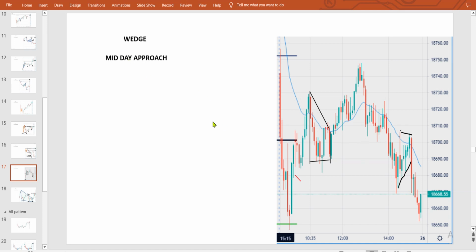The midday approach is another approach where we look for prices to come at least to the midpoint. If you consider the day's range like this, at the midpoint we are trading for it. One way of trading is, if this is a buying channel going on, this is the H1, H2, so you can participate at any bull bar.